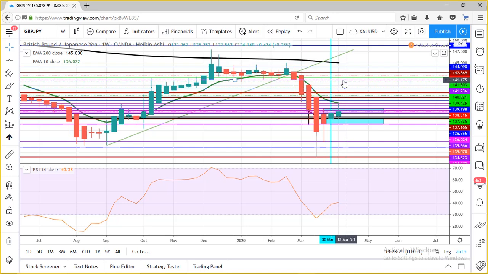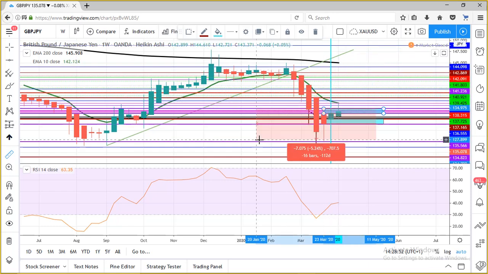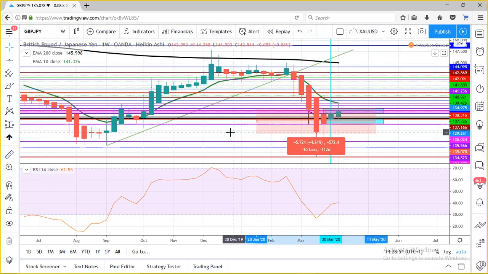So there's still possibility of us catching up about 700, 800 pips. It's still possible, but we have to follow and see what the price is doing.